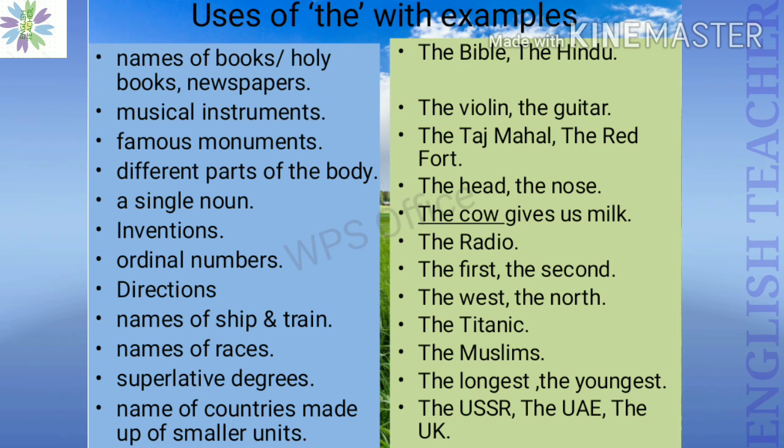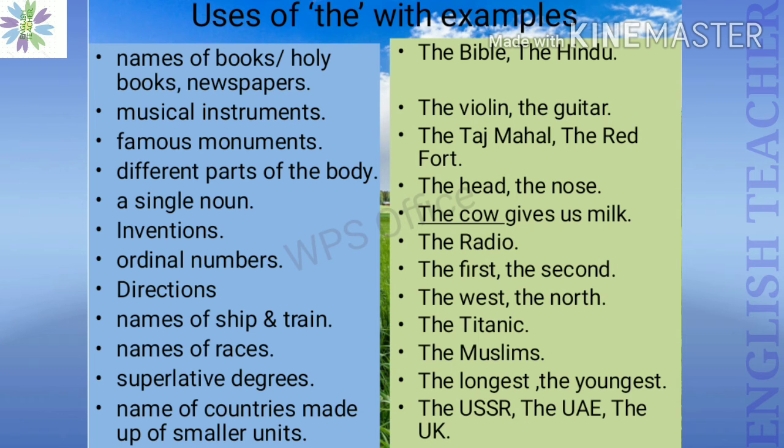We learned that the is used in the case of a single noun. Examples for this type are: the cow gives us milk, the camel is the ship of the desert, the radio was invented by Marconi. The is used before ordinal numbers like the first, the second. Before directions we use the west, the east.